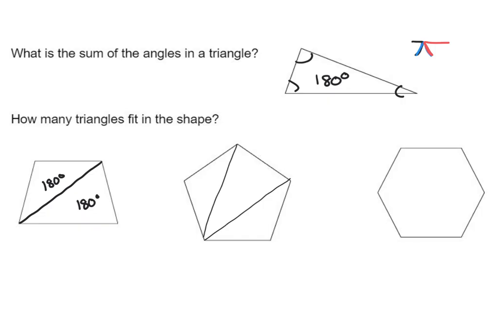And in this 5-sided pentagon, we now have 3 triangles. And here we have a hexagon, so we can also split this up into triangles. And while the triangles are not all the exact same shape, they are all triangles still. And we know that any triangle has an interior angle sum of 180.